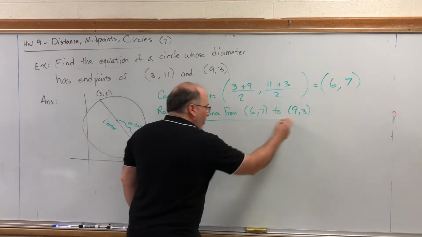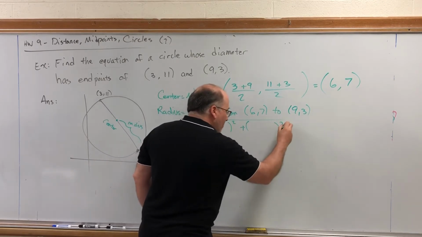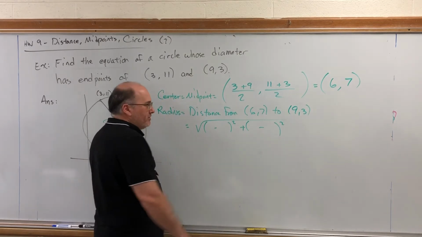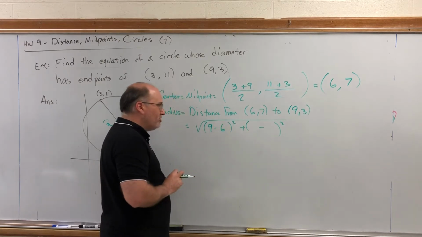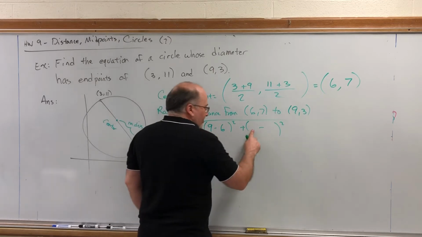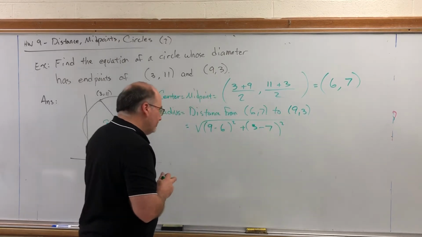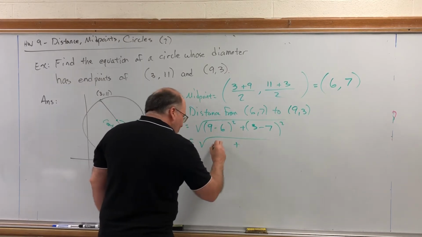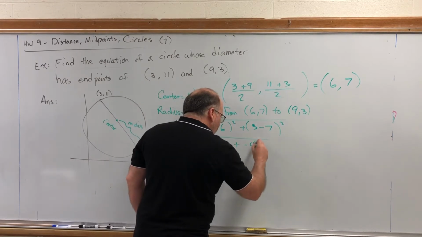So that would be the square root of the sum of the squares of the differences of the corresponding coordinates. 6 and 9, second x minus the first x. It wouldn't matter if you subtracted it the other way around. Second y minus the first y, 3 minus 7. So square root of 9 minus 6 is 3 squared, plus 3 minus 7 is -4 squared.